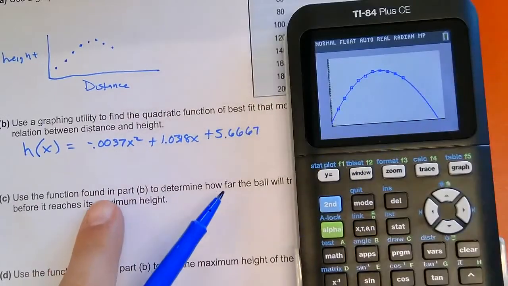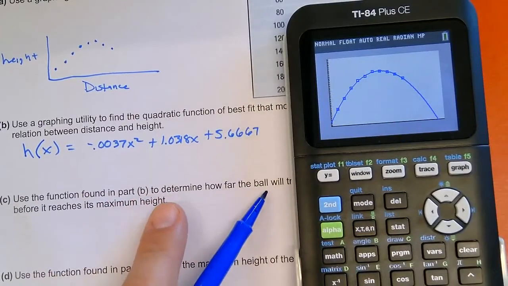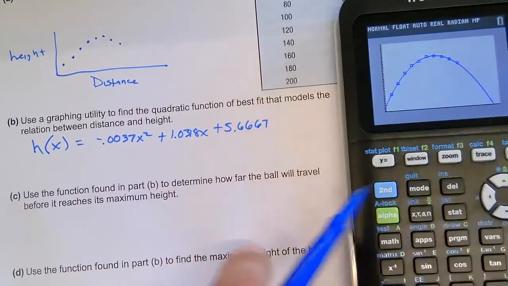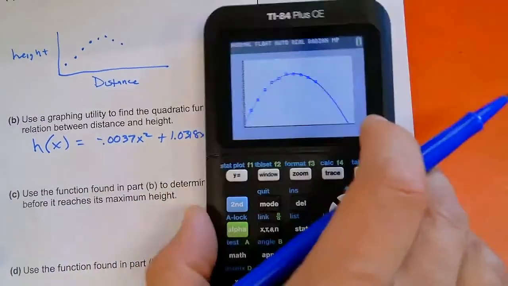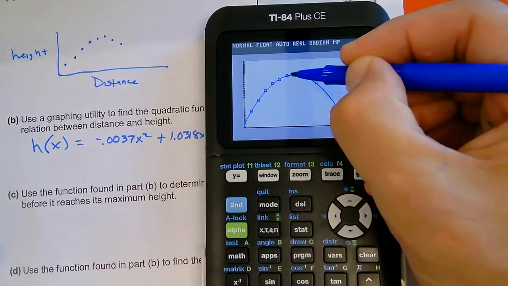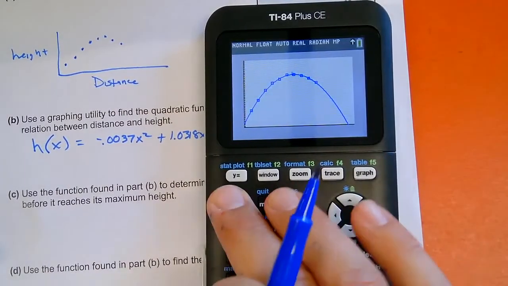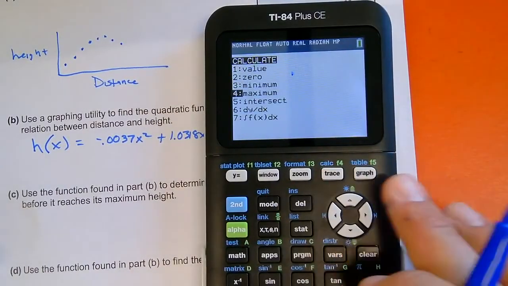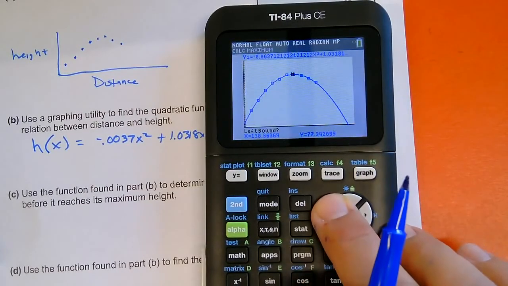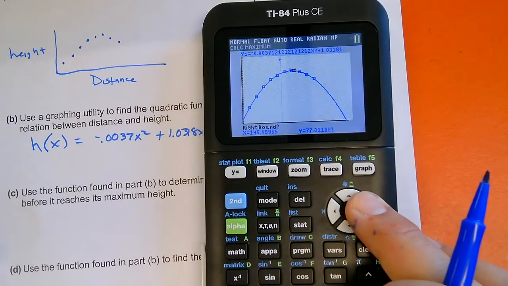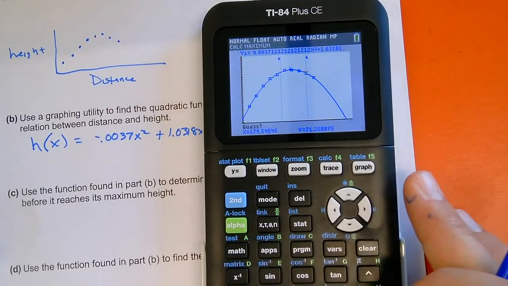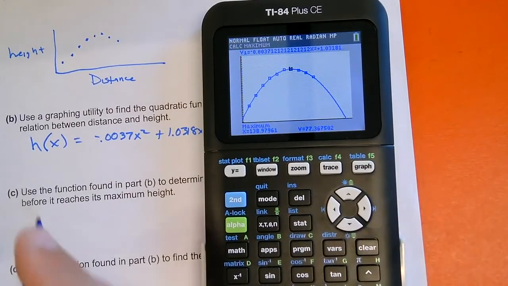So in part C, it says to use the function found in part B to determine how far the ball will travel before it reaches the maximum height. So we want to find this x value here. We can do that pretty easily. Second trace, maximum. The left bound goes to the left where it's increasing, the right bound goes to the right where it's decreasing. Guess, press enter. And there we go.